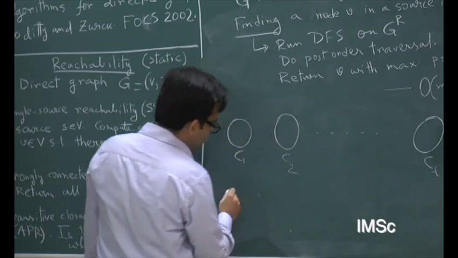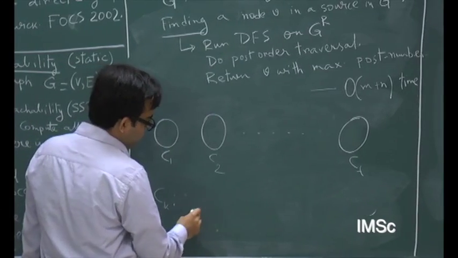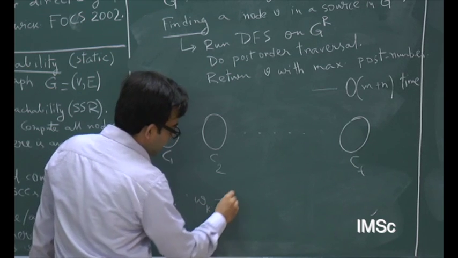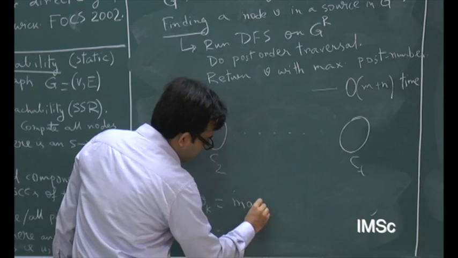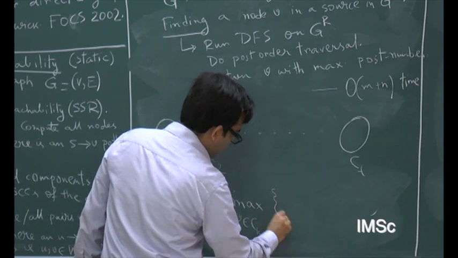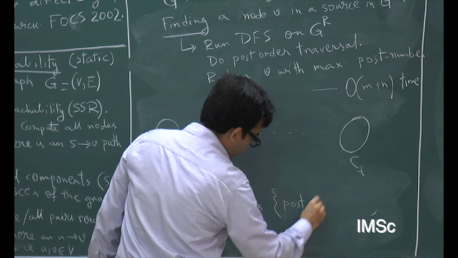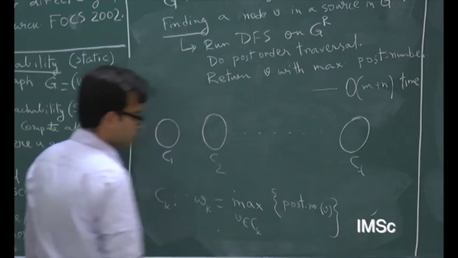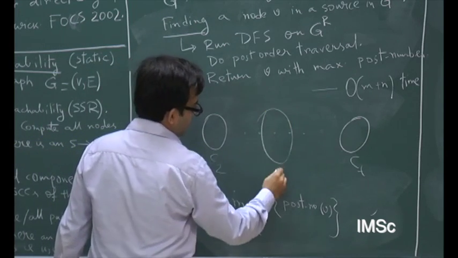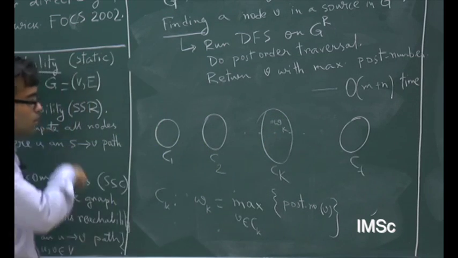So given any node Ck, any meta node Ck, let us define this number, say Wk. What is Wk? You just look at all the nodes in Ck and look at their post number. Take the maximum post number. Okay. What I just showed you was the argument that we went through.